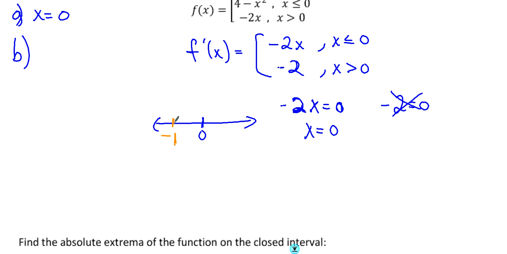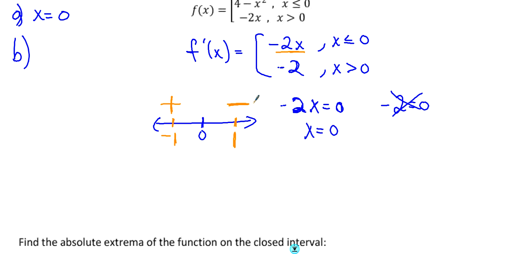When I pick negative 1, I plug it into the derivative, using negative 2x. So negative 2 times negative 1 is positive. So this side is positive. When I pick 1, that's when x is greater than 0, and my slope is always negative.